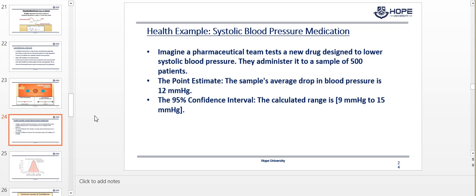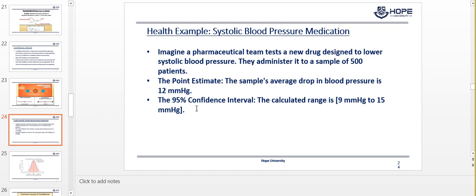So the point we have, 12, is the middle, while the 95% interval has a starting range of 9 and an ending range of 15 millimeters of mercury.